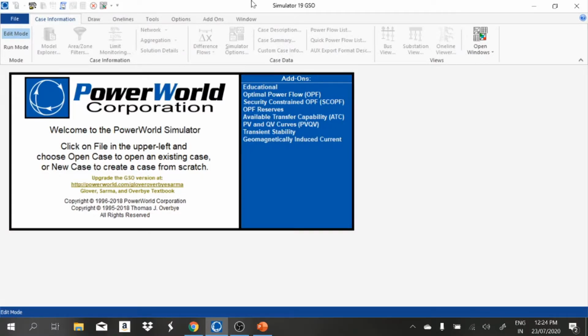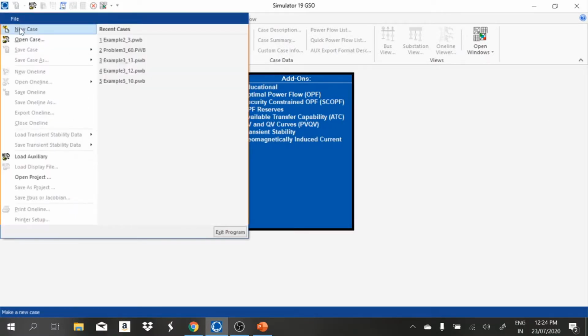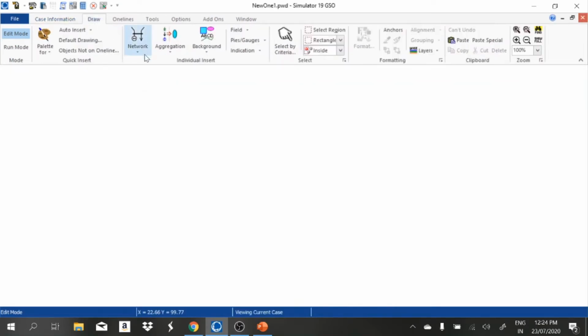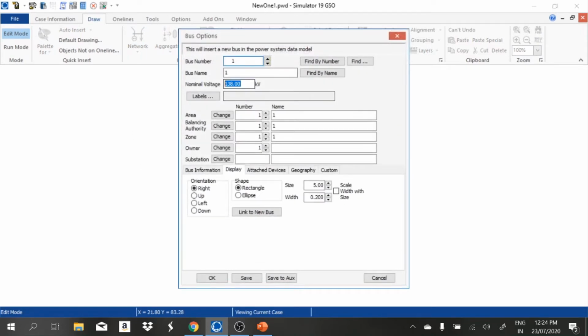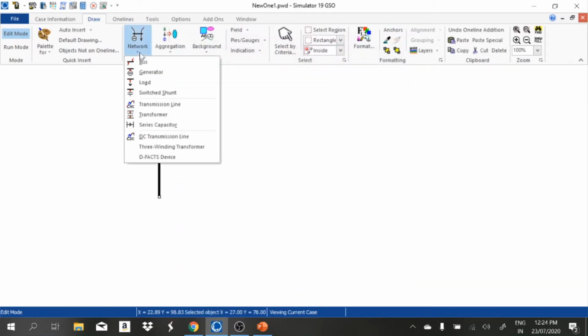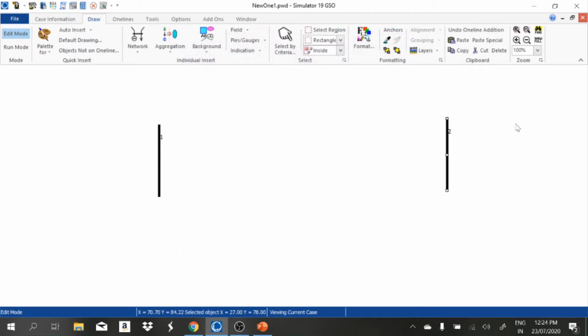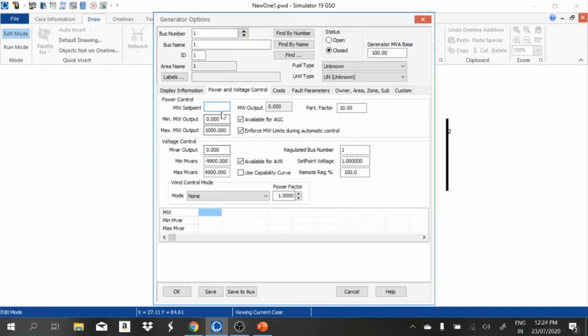Now we verify our result using the PowerWorld simulator. Go to draw network bus. In our model, we are using two buses. Both are operating at 500 kilovolt. Generator 1 is connected at bus 1.